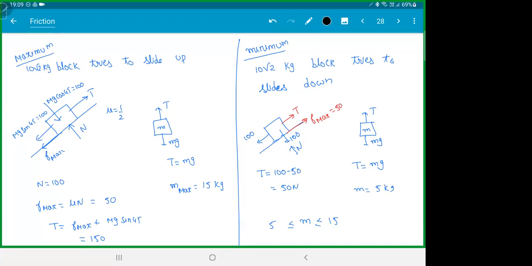Clear with this? Any doubts on this? Please ask. Next one. Can I turn the page? Palaksh, clear na so far?